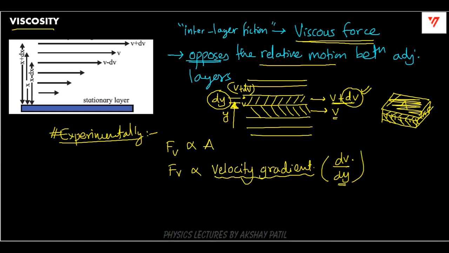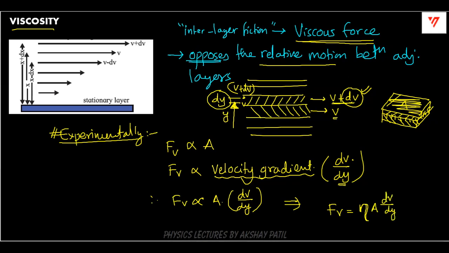So combining them, the viscous force depends on area into dv by dy. And for the final expression of this viscous force, if you remove this proportionality sign, there will be some constant, which I draw here like this, called eta. So F is equal to eta A dv by dy.